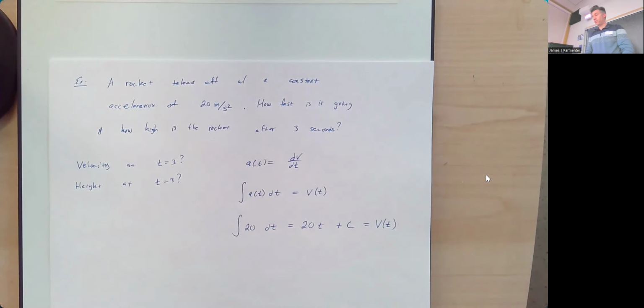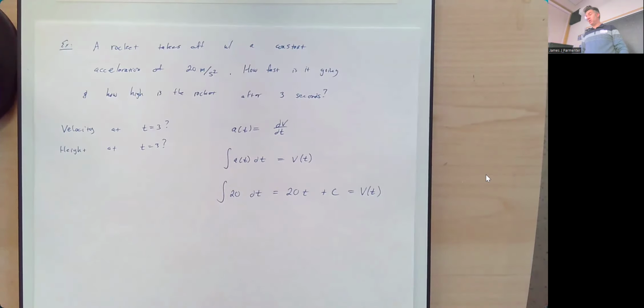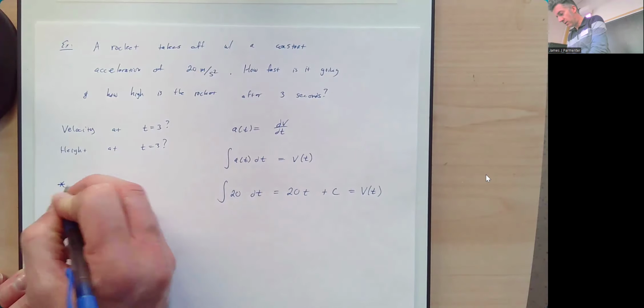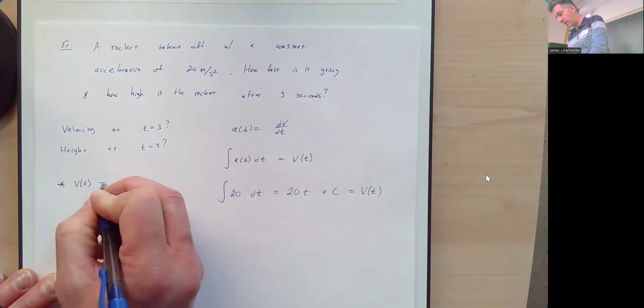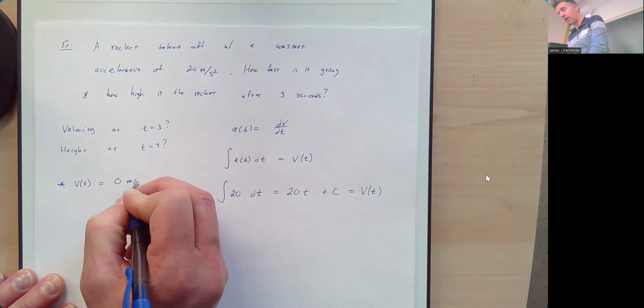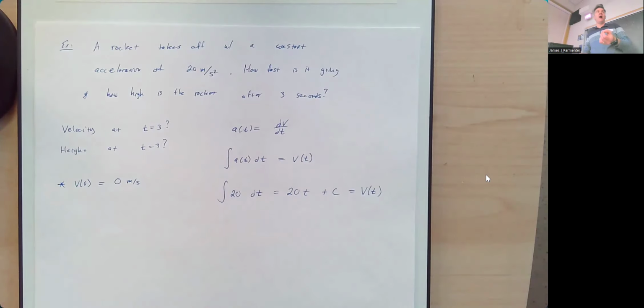And now we should use the initial condition that nobody wrote down to figure out what c is. We know that the velocity at time 0 is 0 meters per second. When it's taking off, it doesn't actually have any speed yet.